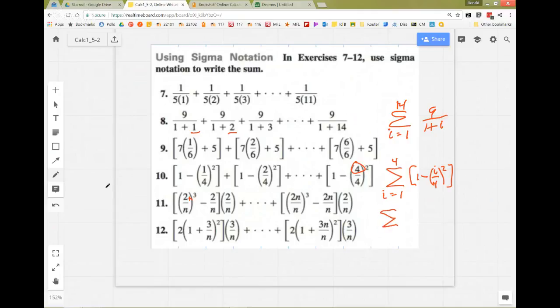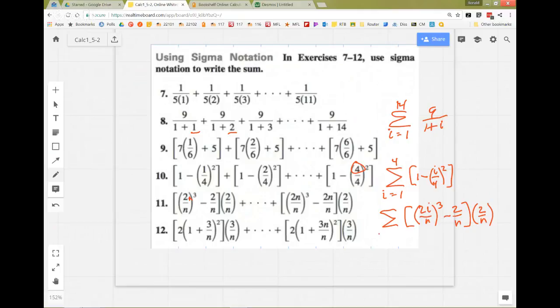Okay? So we've got this. Really, we've got 2I, excuse me, I over n cubed minus 2 over n, and then all of that is multiplied by 2 over n.